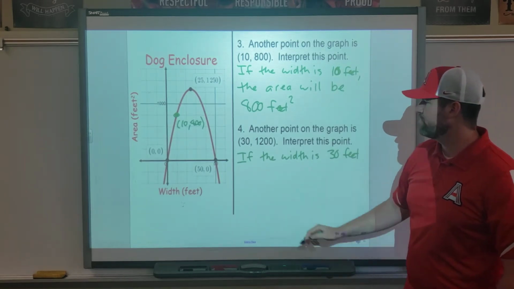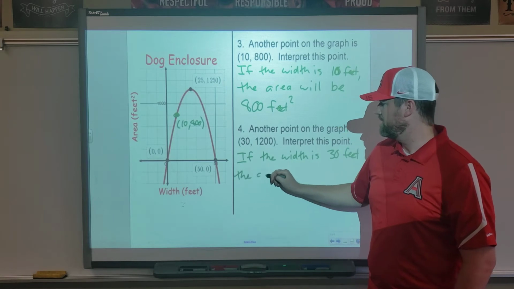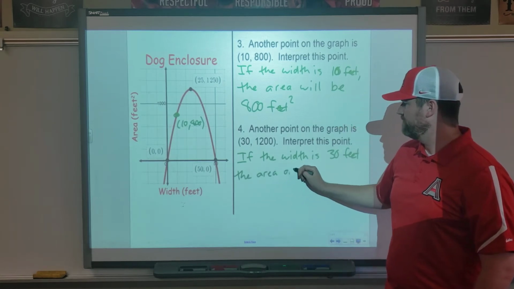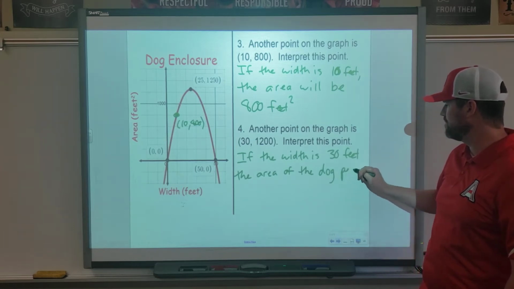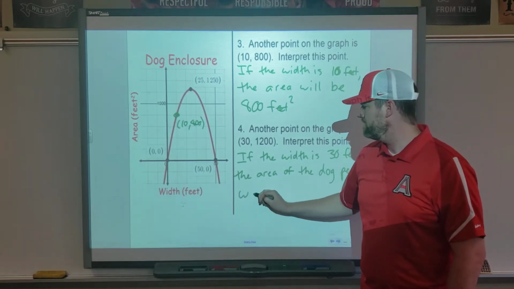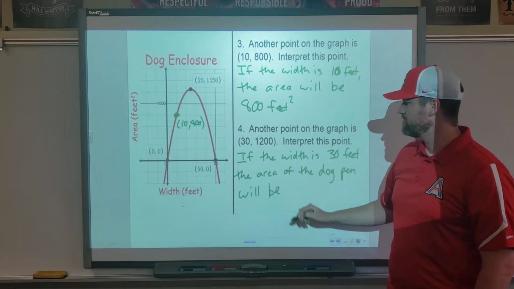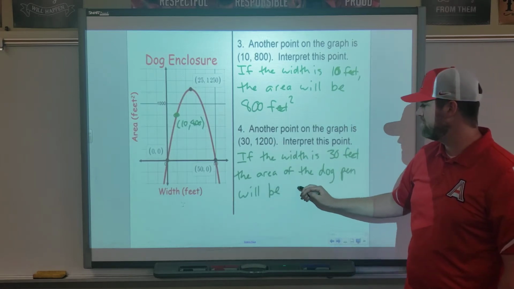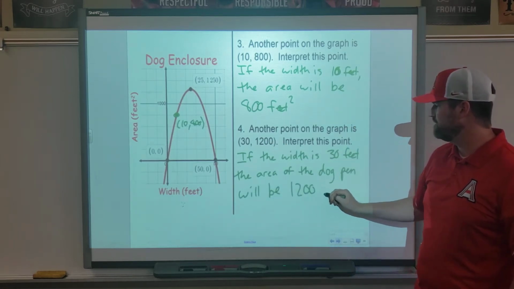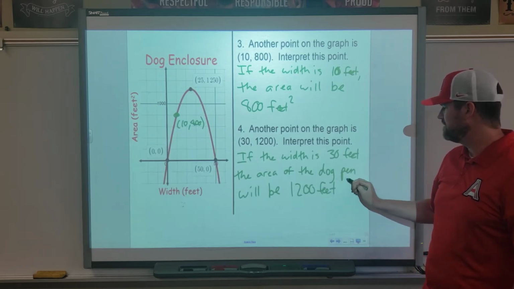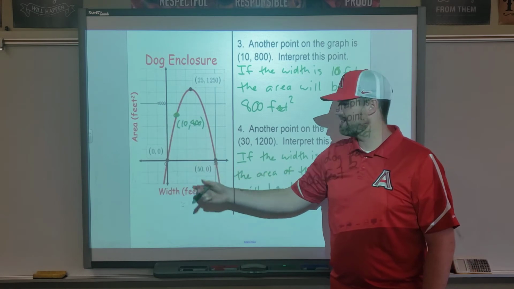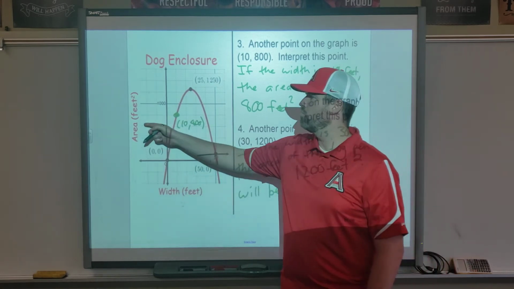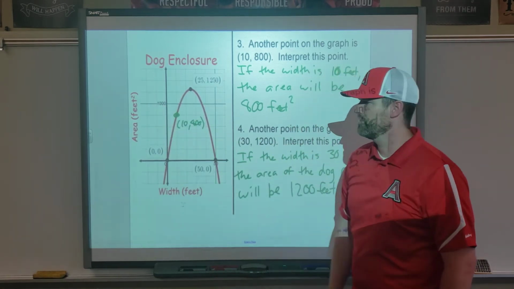If the width is 30 feet, the area of the dog enclosure, or dog pen, we'll call it, will be how much? Well, it'll be 1,200 feet squared. So again, any point on the graph just tells us that for that given width, what area would we be able to get for the dog pen?